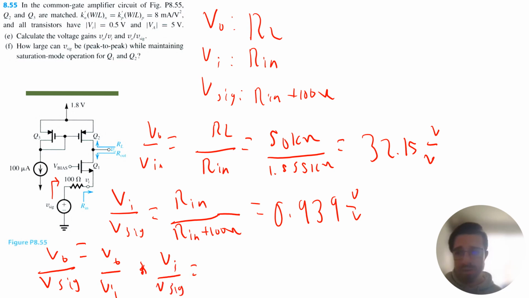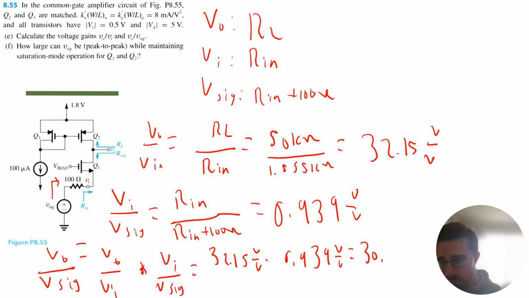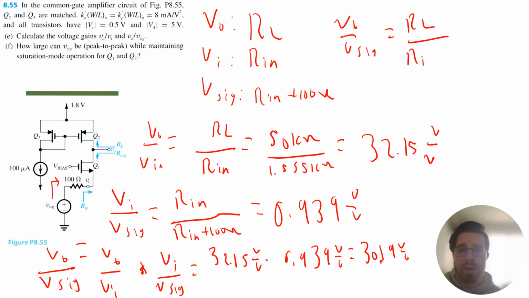So that would just be 32.15 volt per volt multiplied by 0.939 volt per volt, and that's equal to 30.19 volt per volt. Again, you could also just do Vout over Vsig is equal to RL over Rin plus 100 ohms, and you would obtain a very similar result.